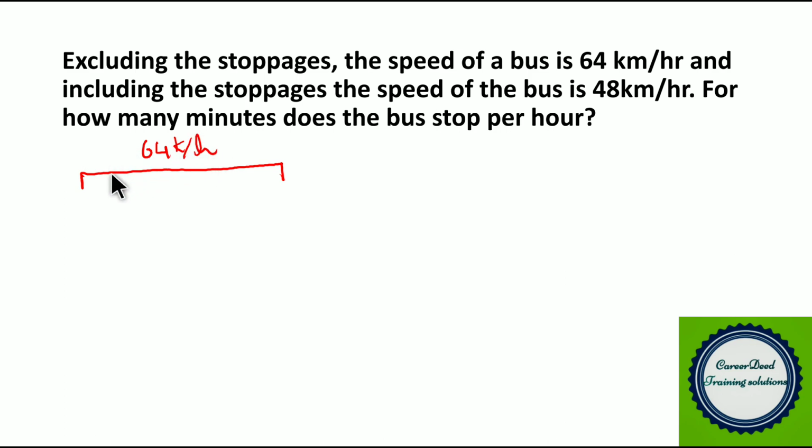Including the stoppages, the bus will travel only 48 km in 1 hour, but with the same speed of 64 km per hour without stoppages, the bus could cover another 16 kilometers, right?